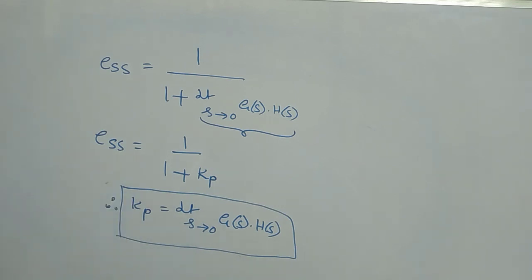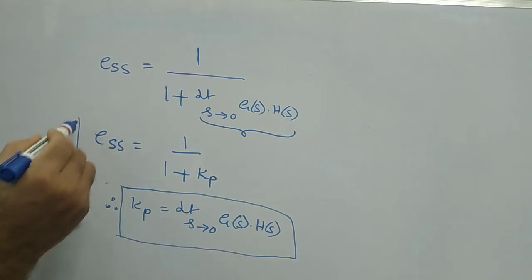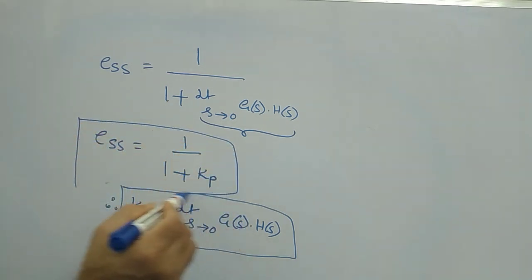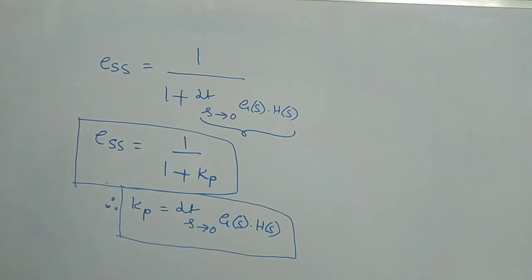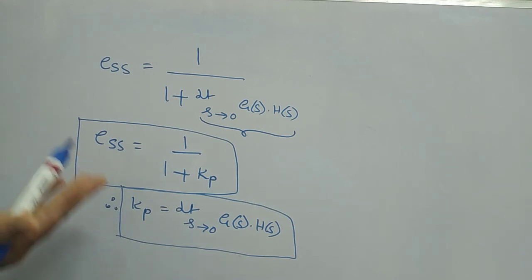Clear? So for ESS is equal to 1 by 1 plus Kp. In this form, they will ask you in examinations, GATE examination or UPSC IES examinations. For unit step input, they will give you some C of s by R of s equal to some function, and you need to find out the steady state error.